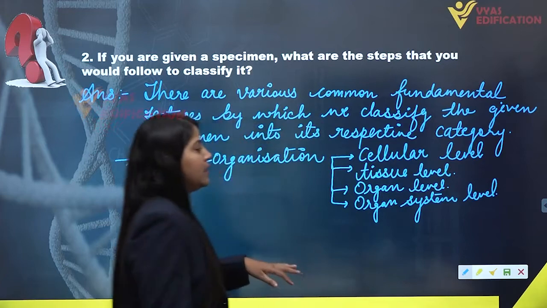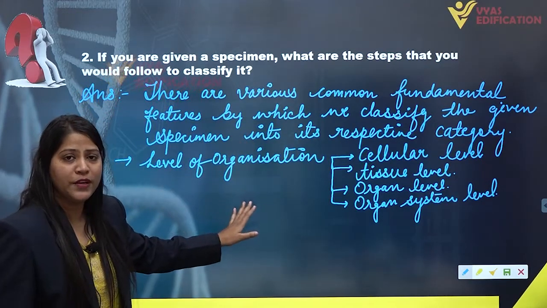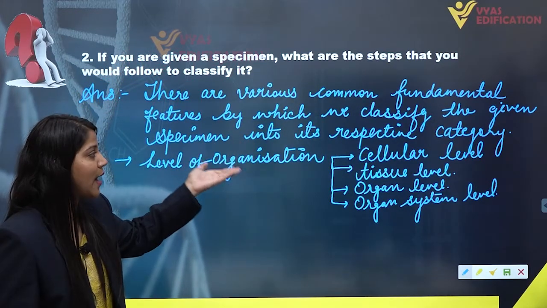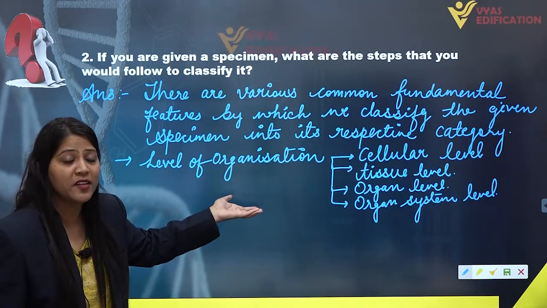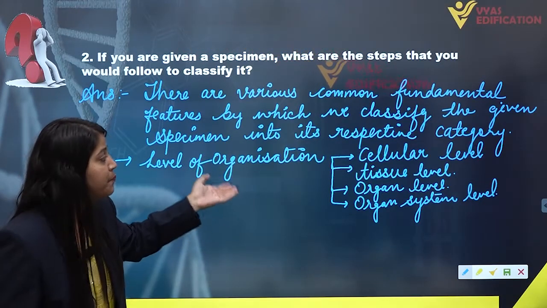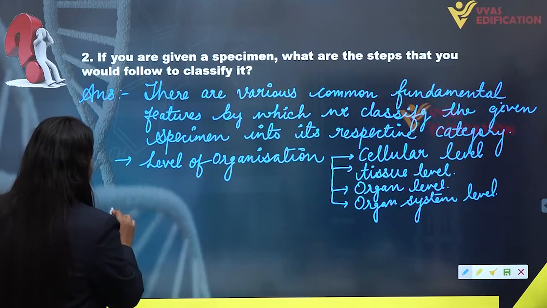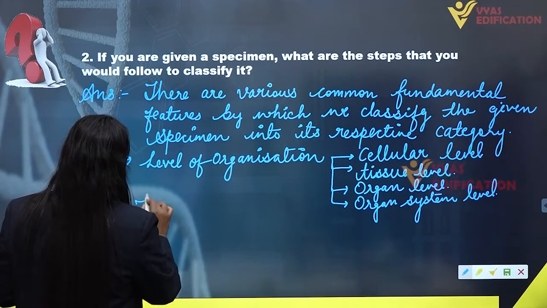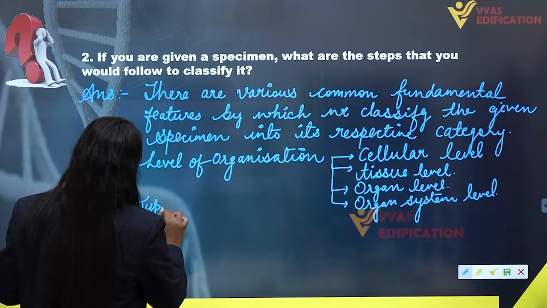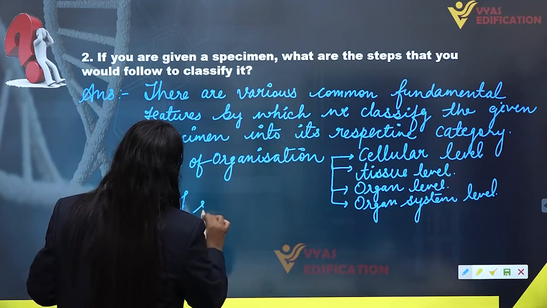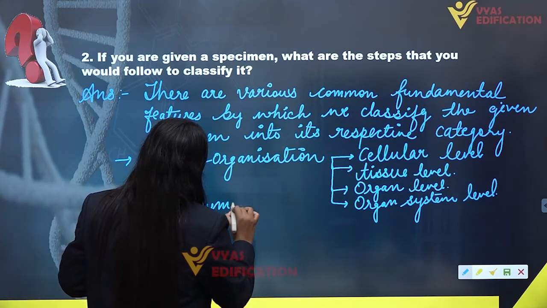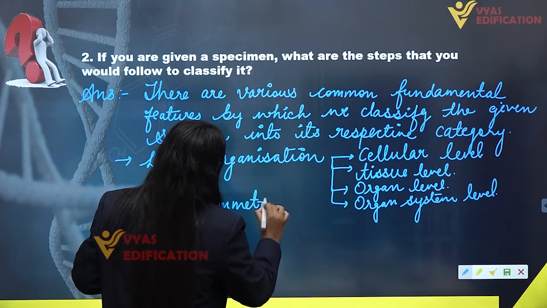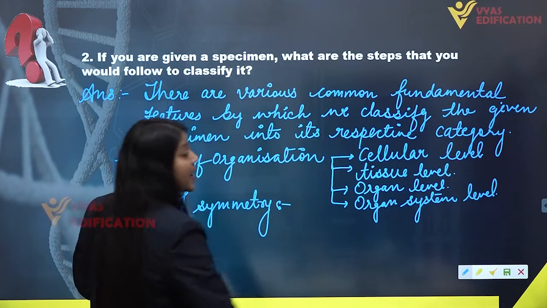Alright. Now, this is the number one feature on which we can decide and put the given specimen into its respective category. Also, we have the type of symmetry the specimen is exhibiting.